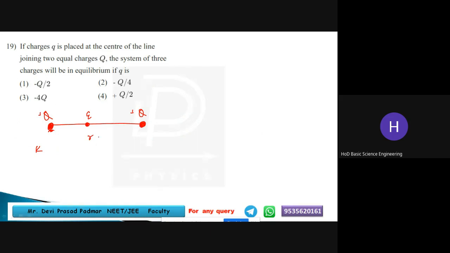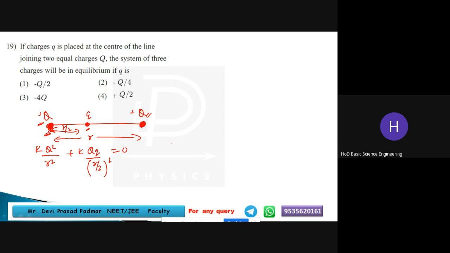If you consider this distance as r, then force due to this by Coulomb's law is 1 by 4 pi epsilon naught into q1 q2. q1 q2 are equal, therefore you can write it as q square divided by r square, plus force on this particular charge due to this. Now what about this distance? This will be r by 2. Therefore we can write q into q divided by r by 2 whole square. This net force must be equal to 0.